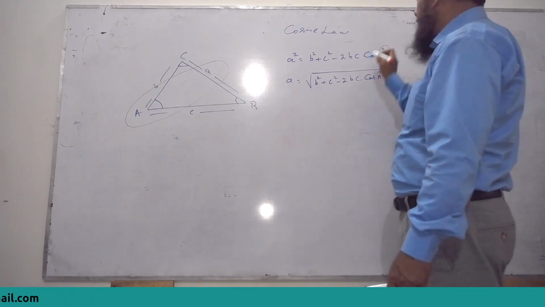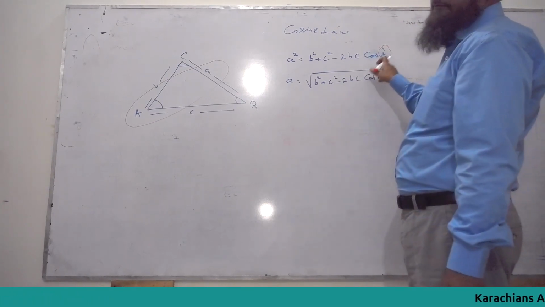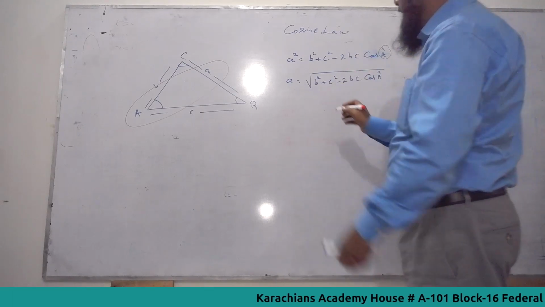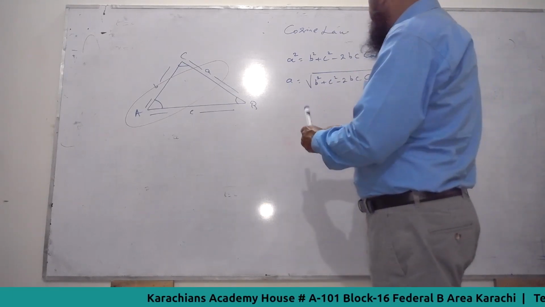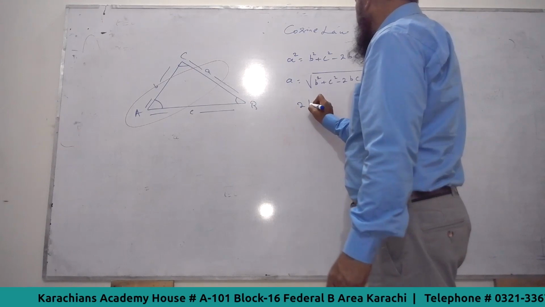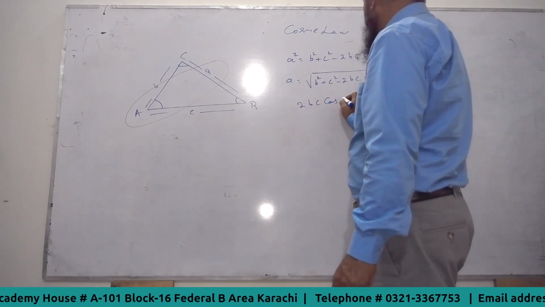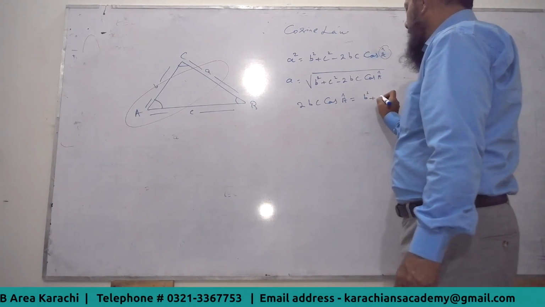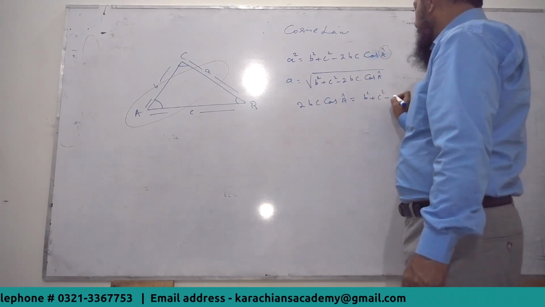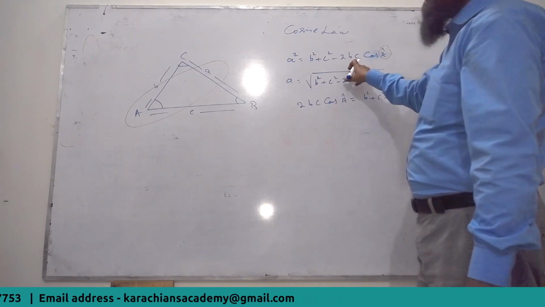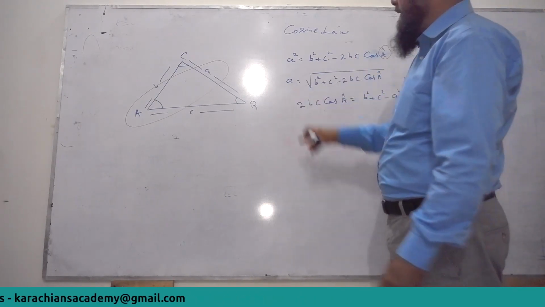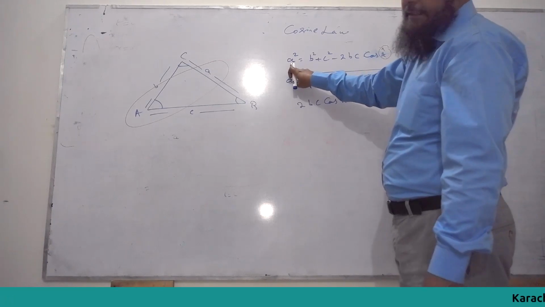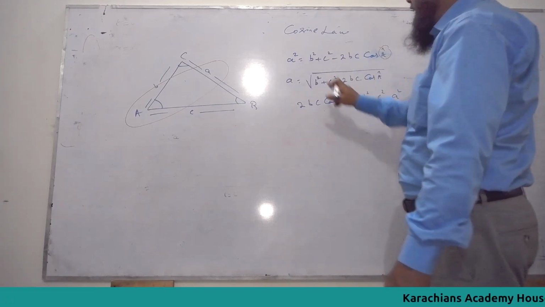For example, if I want to find the value of angle A, I will rearrange this formula like this: 2bc cosine of A equals b squared plus c squared minus a squared. It means I have to shift this from the right hand side to the left hand side, and I will move this a squared from the left hand side to the right hand side, where it becomes positive.